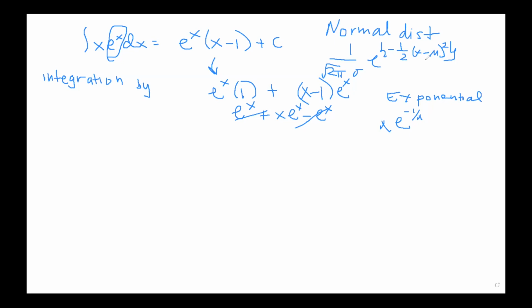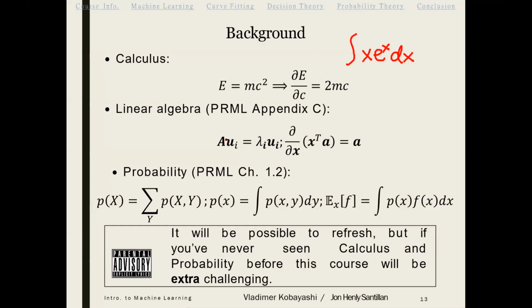Okay, so I think wala naman na. So good. And then also we have algebra. Manipulating vectors, especially getting the derivative of vectors. So this actually acts like a variable, diba?